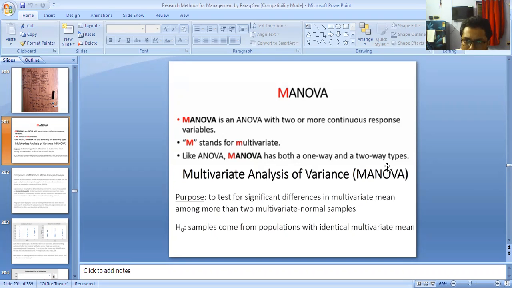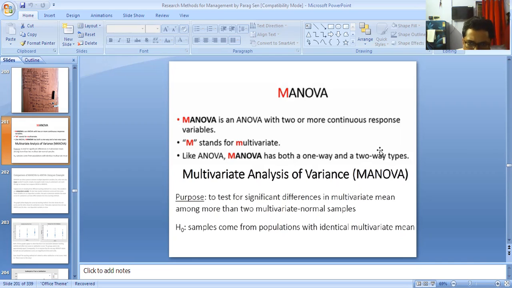For example, the independent variable can be teaching method, and the dependent variables can be test score and satisfaction score. Similarly, in case of three-way MANOVA, you will have one independent variable and three dependent variables, and so on.